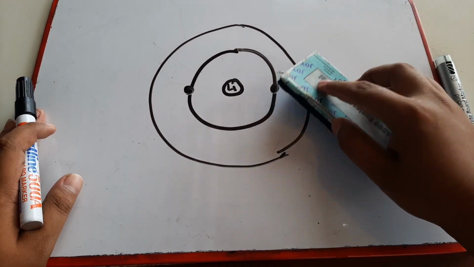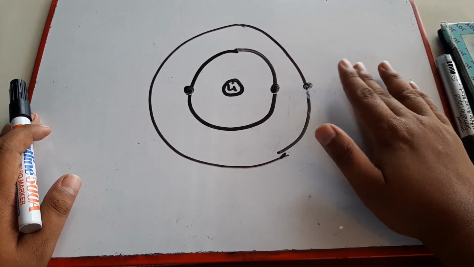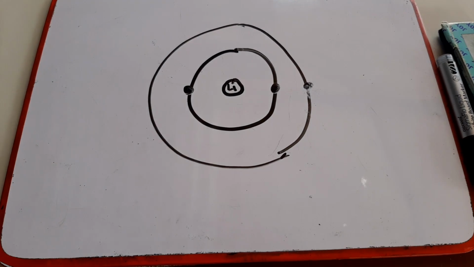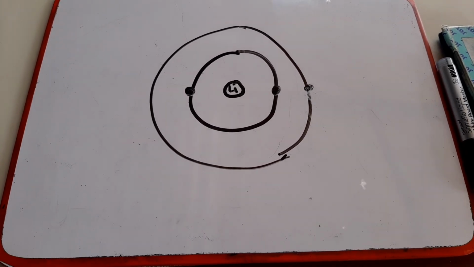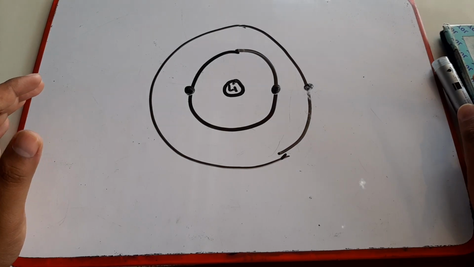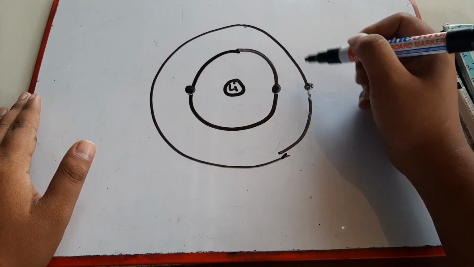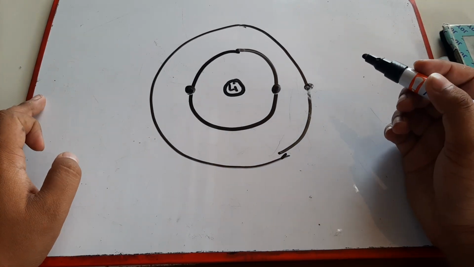Let's start by defining the parts of an atom where the electron lies. Bear with me now, because I'll be introducing to you the parts. The first area where the electron is located is the so-called energy level. So what are the energy levels?